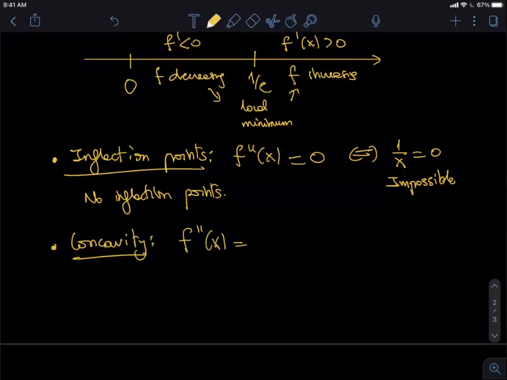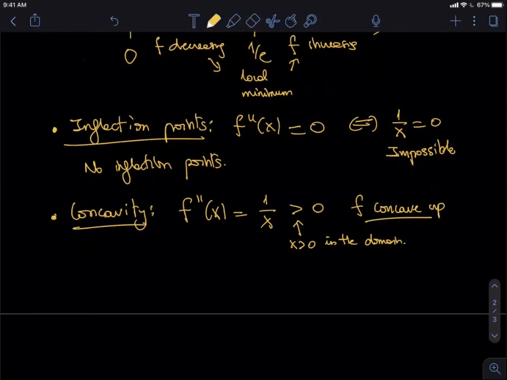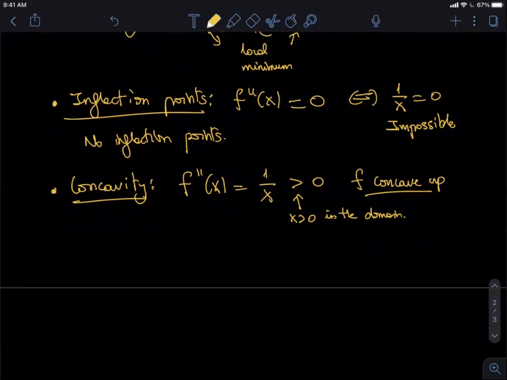The second derivative is 1 over x, and x is positive, so the second derivative is positive. So that means f is concave up. Okay. And here we have all the information then.